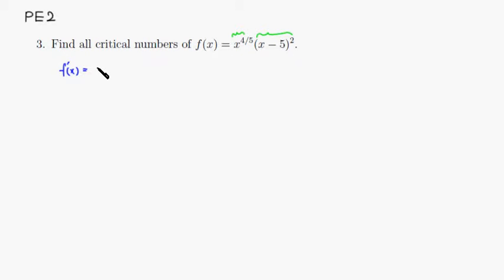The derivative of the first guy: put 4/5 in front, x, and subtract 1 from the power, so it's negative 1/5, times the second guy, which is the quantity x minus 5 squared, plus the first guy as it is, x to the 4/5 power, then multiply by the derivative of the second guy: put 2 in front, keep the same inside function, and subtract 1 from the power, so it's the first power, I'm not going to write it down, then multiply by the derivative of the inside, which is 1 anyway, so I'm not going to write anything down. So we have this.